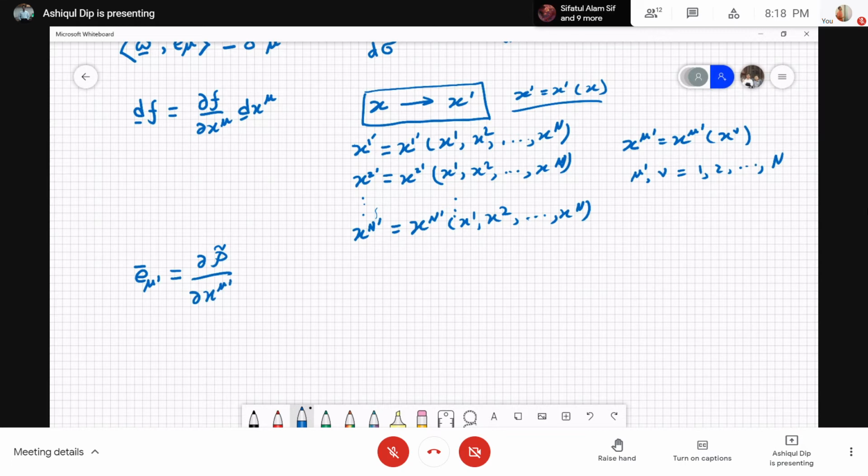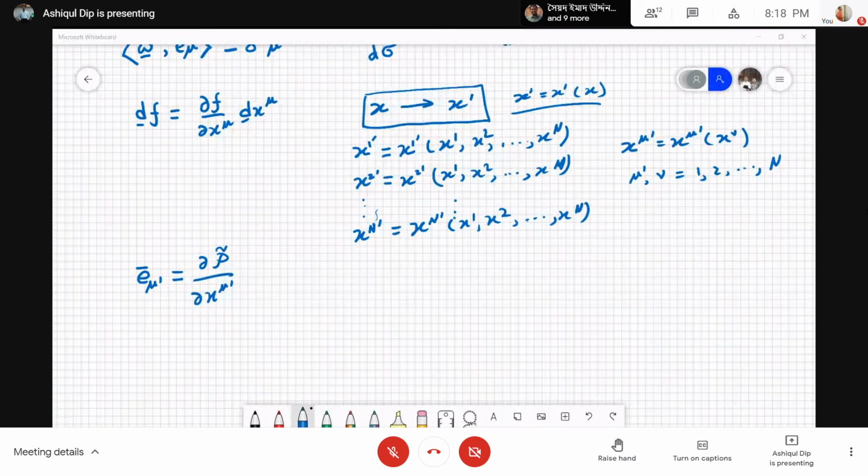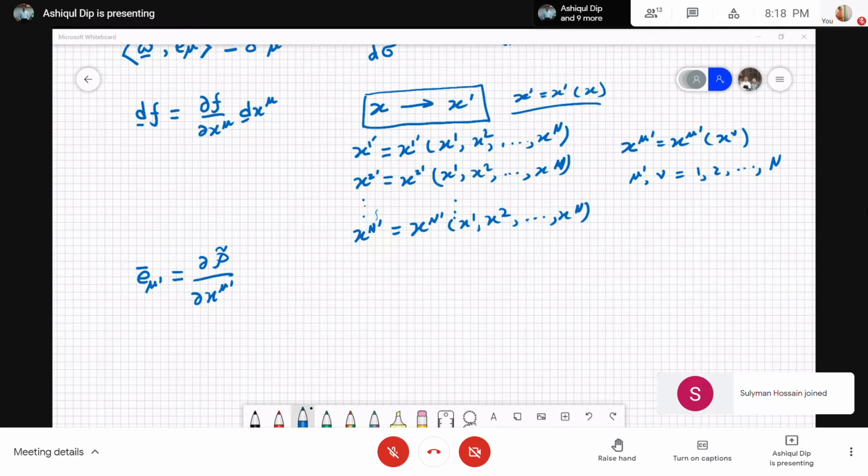Do you agree with that? Is that clear to everyone? In the new coordinate system, it'll be just like that, with mu replaced with mu prime.